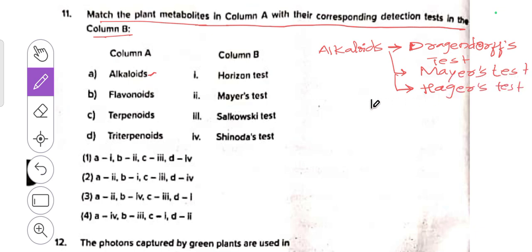So these are the three tests done for this particular metabolite, that is alkaloid.